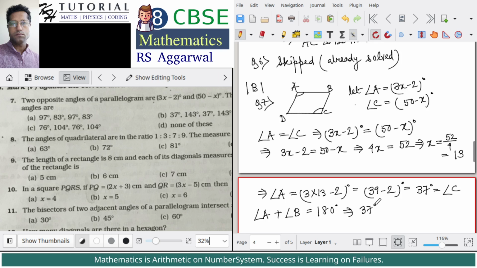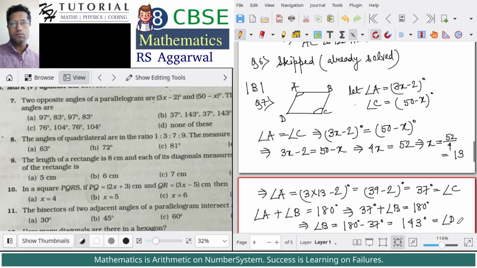So 37 degree plus angle B is equal to 180 degree. So angle B is equal to 180 degree minus 37 degree. This is equal to 143 degree. So angle B is equal to angle D is equal to 143 degree.